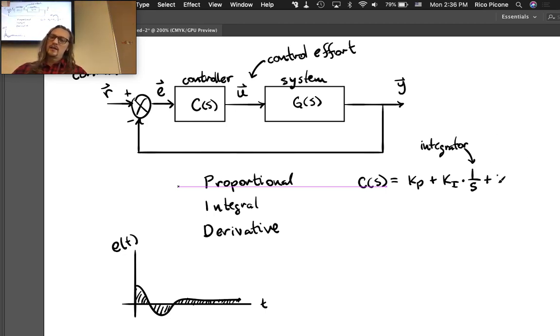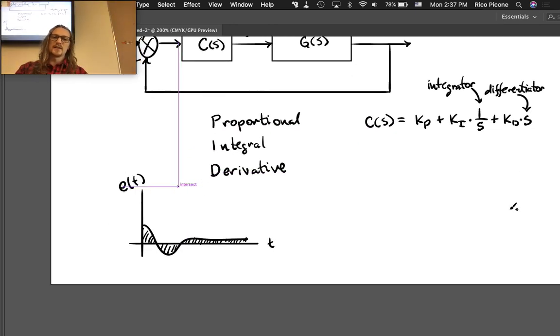And then you have the derivative term, so Kd times s. So s is a differentiator. And what that does is it differentiates this error signal.